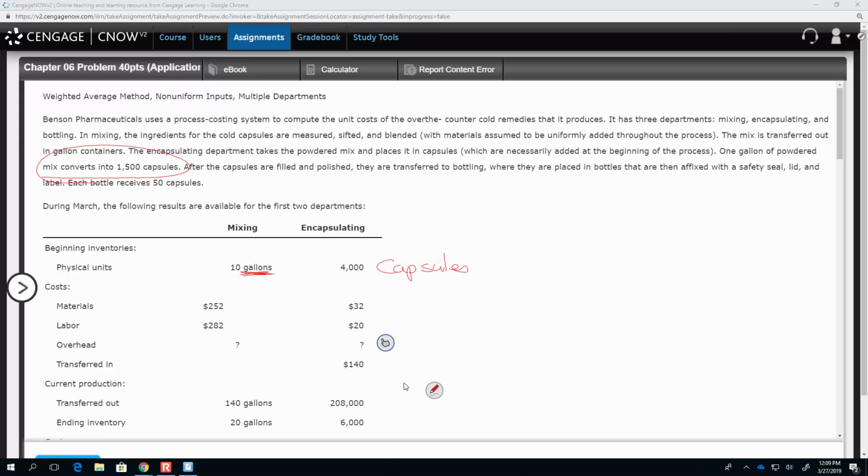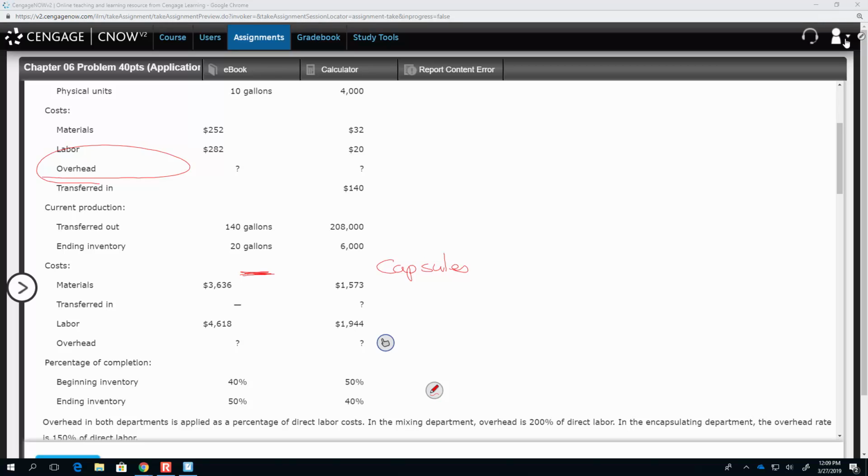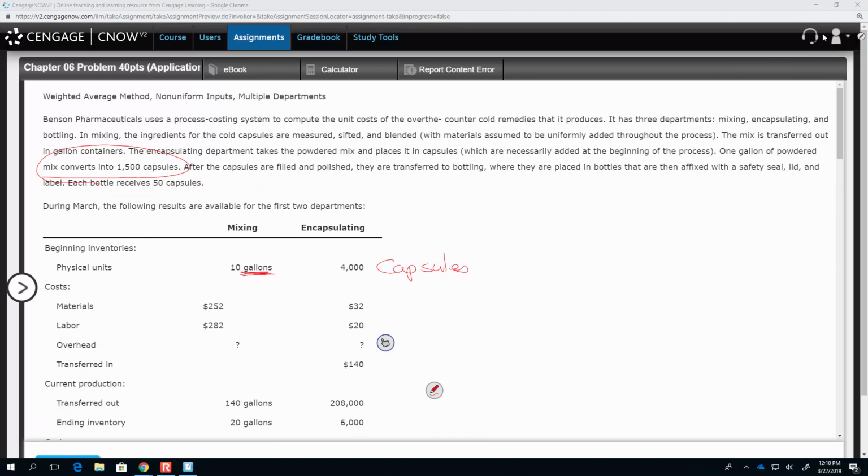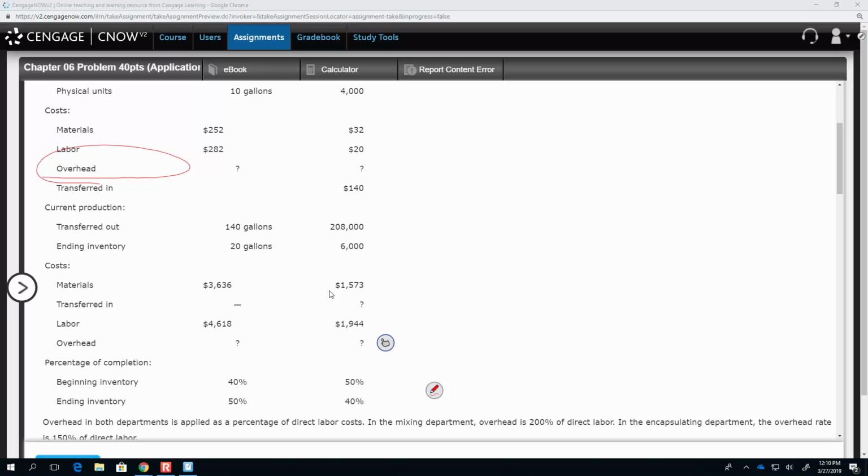Because when I transfer out 140 gallons into the next department, encapsulating, you're going to have to convert those gallons to capsules by multiplying it by 1,500.